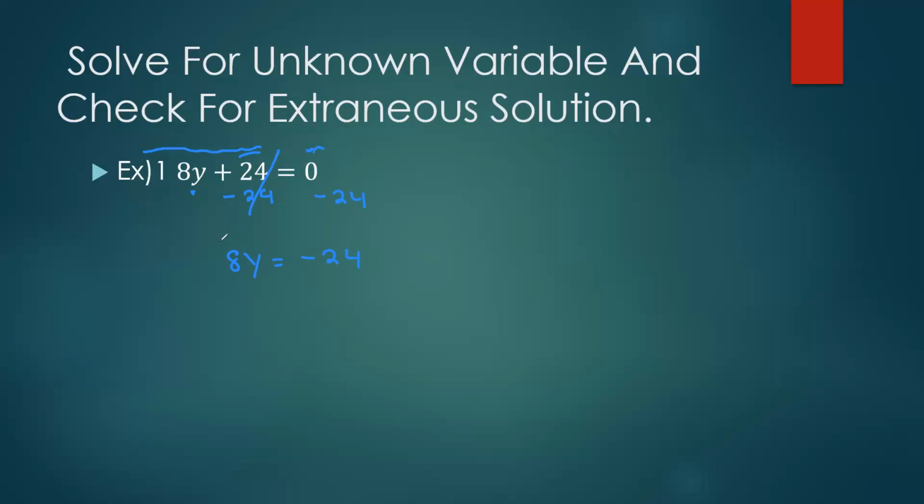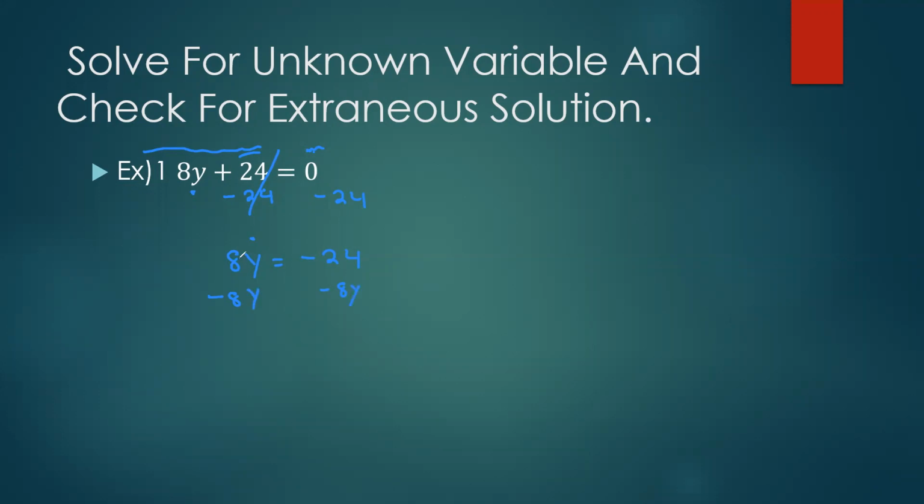Now, a lot of students make the mistake of subtracting 8. You can't do that because this has a y, right? If you're going to subtract something, you have to subtract the whole thing. You'd have to subtract 8y.